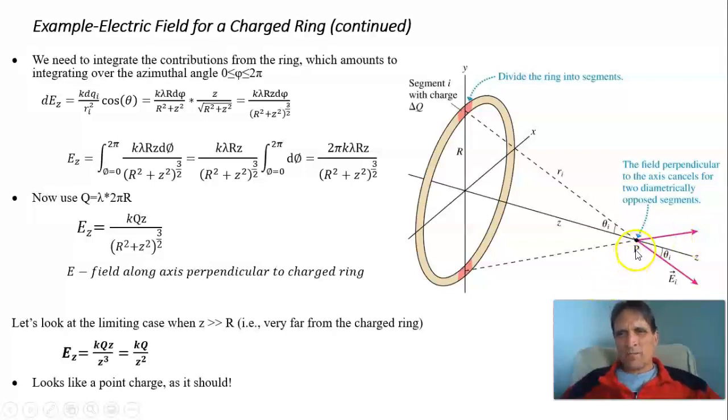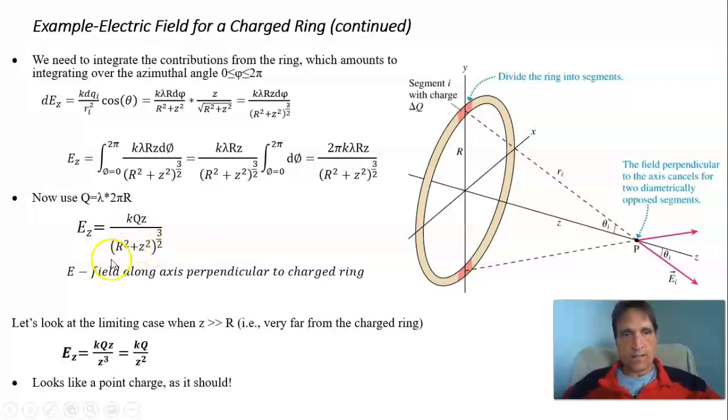Okay, so let's check a limiting case here to see if we messed up on our formula. So we know that if z gets very, very large, so suppose we walk way far away from the ring, this ring should look as if all the charge is at the center. It should look like a point charge. So let's check this. If we make z so much larger than the radius R, then in the denominator, R squared plus z squared is roughly z squared.